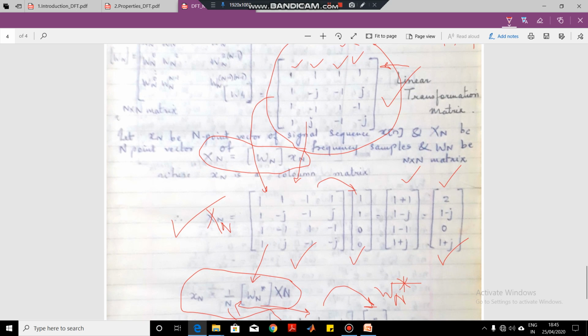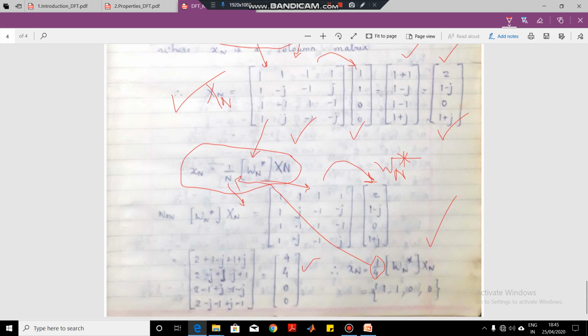Once you understand a 4 by 4 matrix, you can solve for any type of matrix, whether it be 8 by 8, 64 by 64, or 1028 by 1028. So understand the formulas and try to solve using the matrix method. Try to understand how the conjugates are taken and how the matrix multiplication is done. I hope everybody understands matrix multiplication.